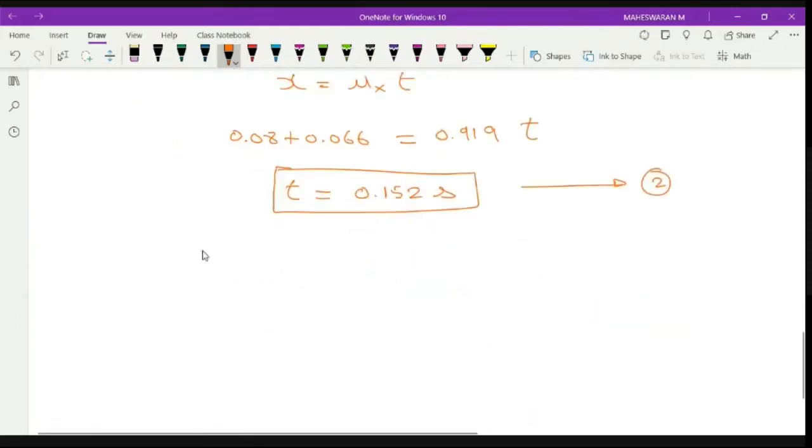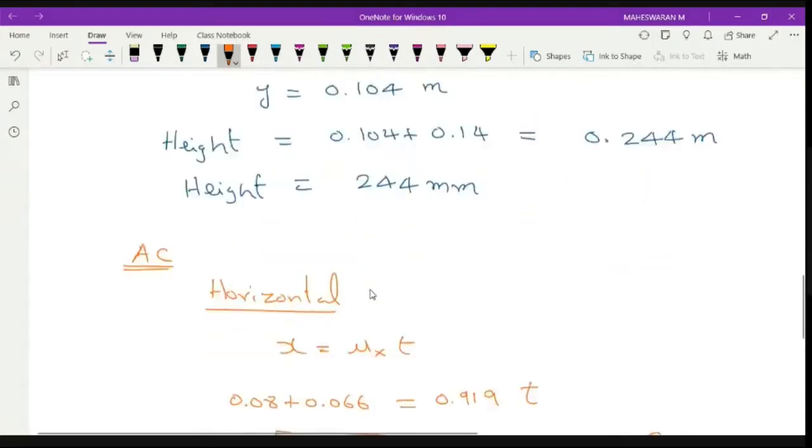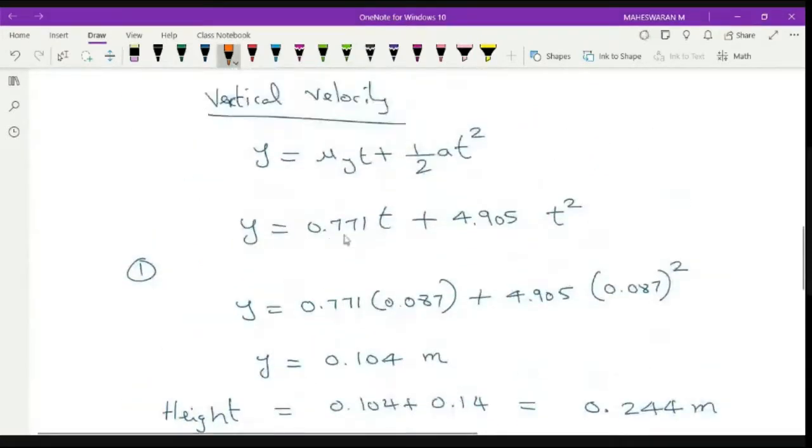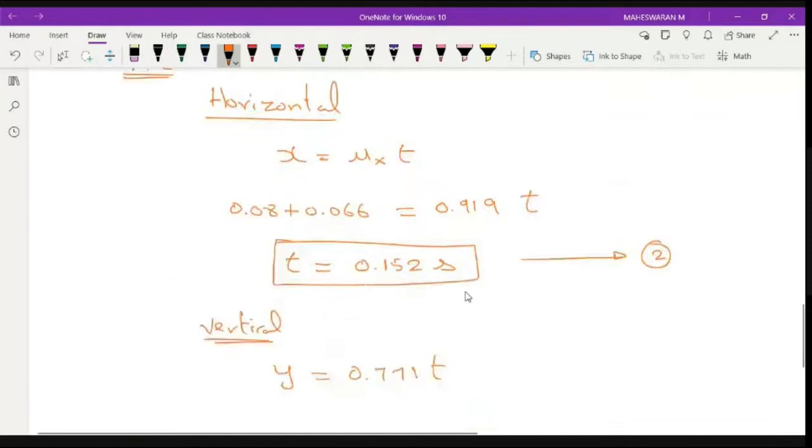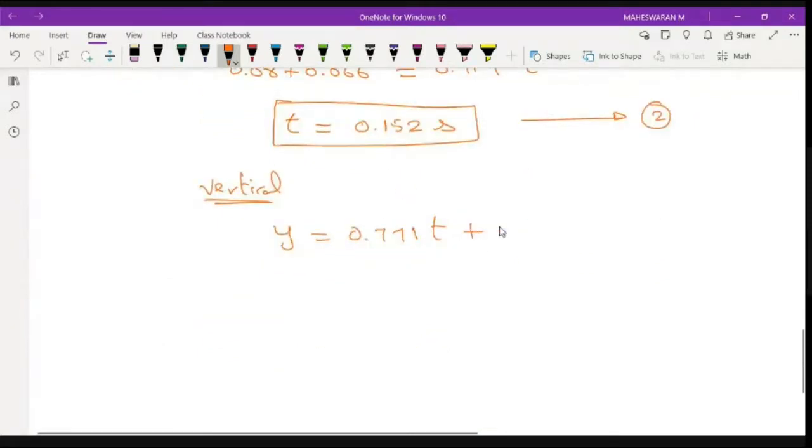Now we will go for vertical. Again, we concentrate only on the last part. So y is equal to uy, I will directly write down. Your uy is 0.771, the same thing. So y is 0.771 t plus 4.905 t square.